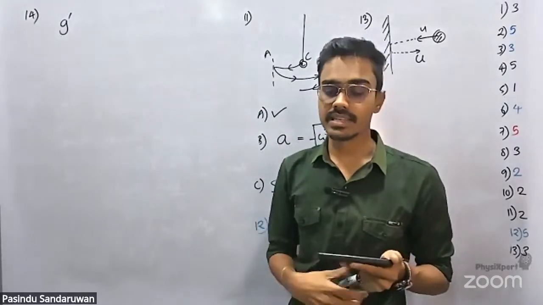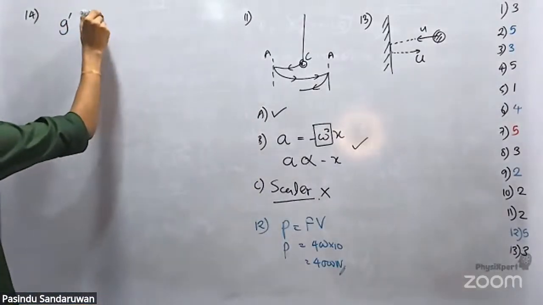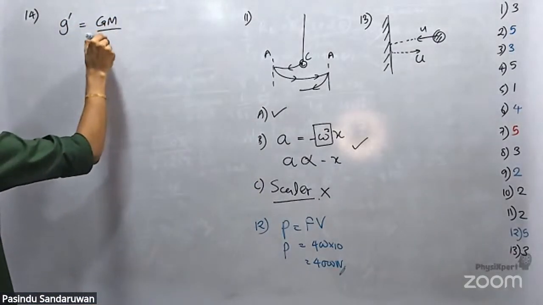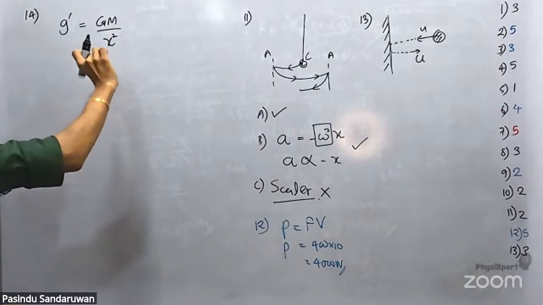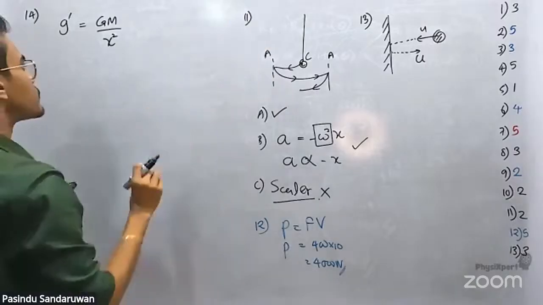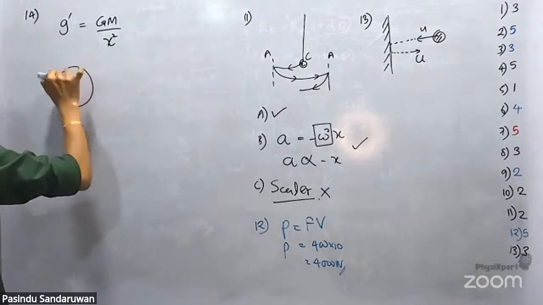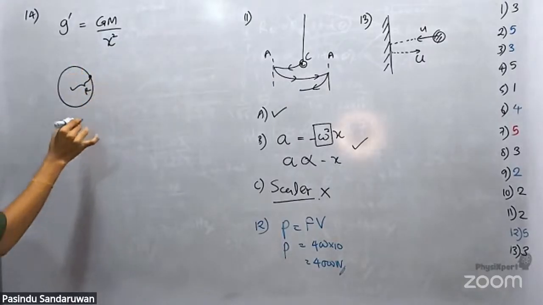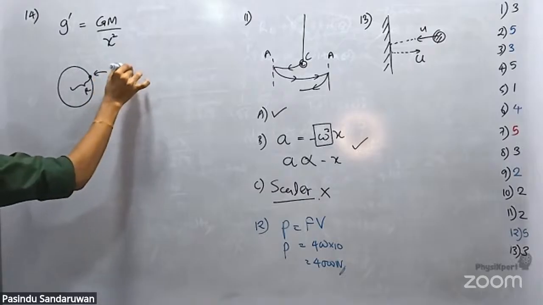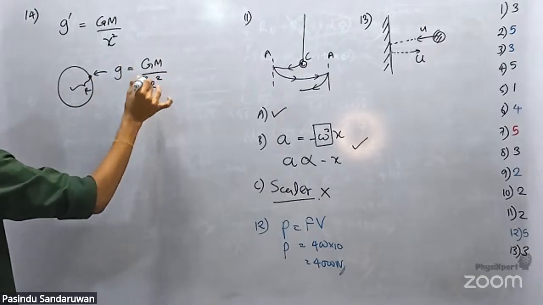Gravitational field intensity can be written as g' equals GM over x squared. x is the distance from the center of the mass to the considered point. Now at Earth's surface, g' is g. So g can be written as GM over R squared.